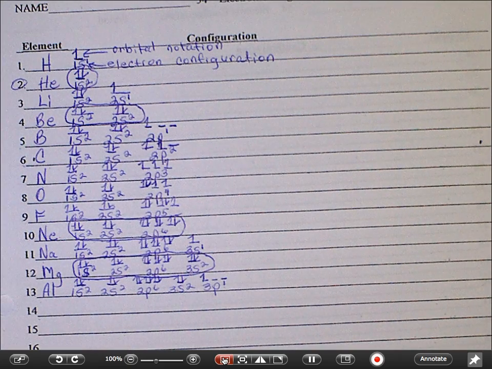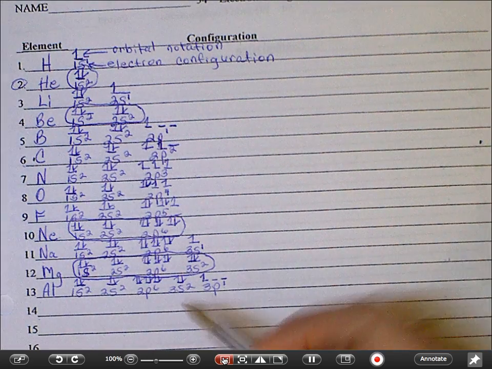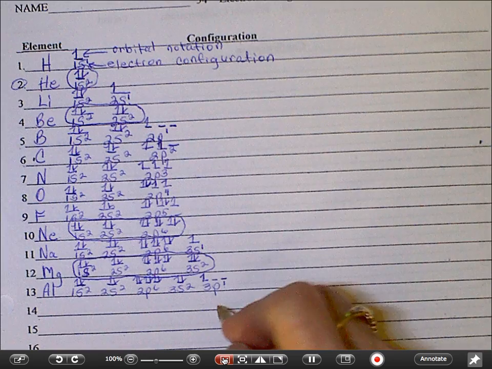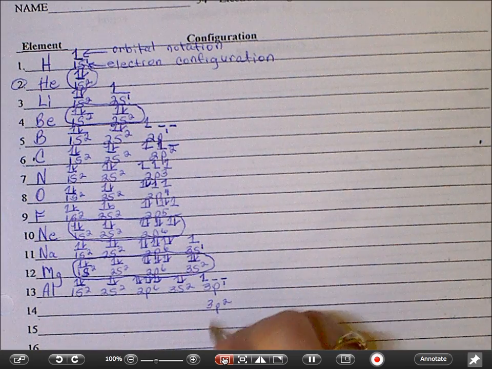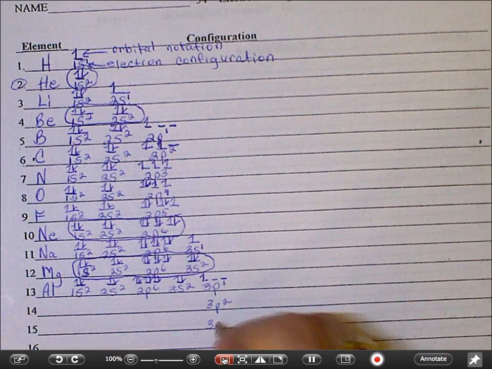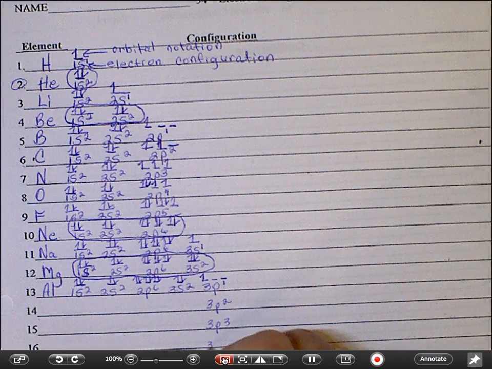So, how many elements are we going to go through before we get to argon? 1, 2, 3, 4, 5. Argon makes how many? 6. So, you'll be at 3p1 here. 3p what here? So, does it make sense? You can just sit here and write it. 3p what here? 3p what?